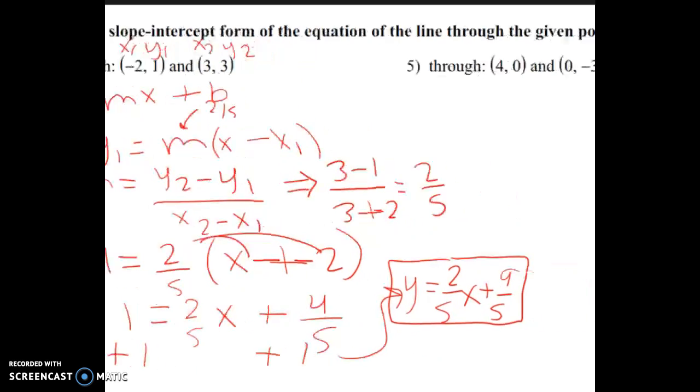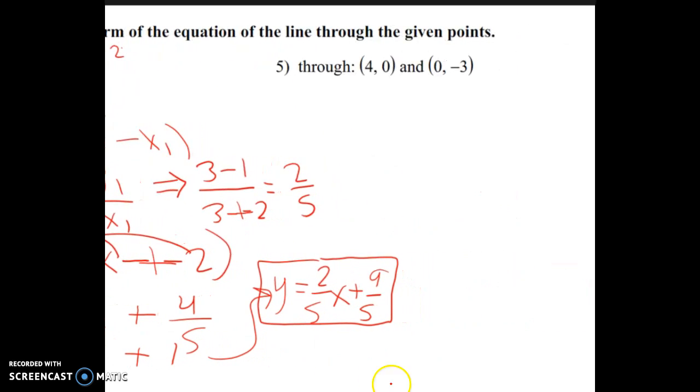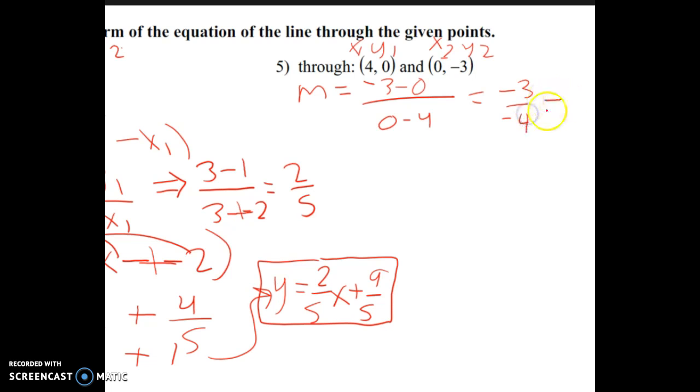Alrighty. Number 5 is going to be the same process. We just have to label x1, y1, x2, y2. Find the slope. M is equal to y2 minus y1, negative 3 minus 0, over x2 minus x1, 0 minus 4. We get negative 3 over negative 4, which is the same as 3 over 4.